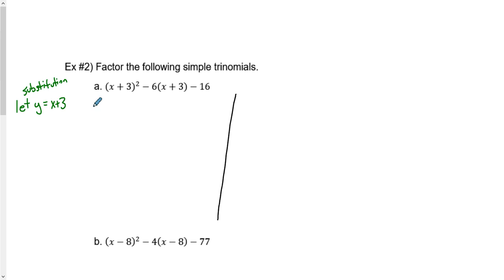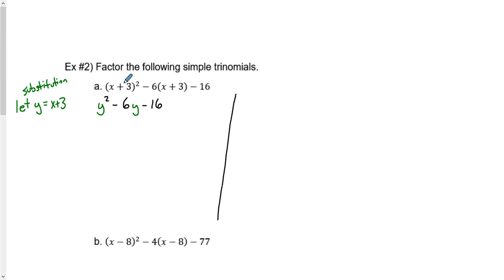The reason we're doing that is it's going to make our example look quite a bit different, and it's going to make it look a lot easier.